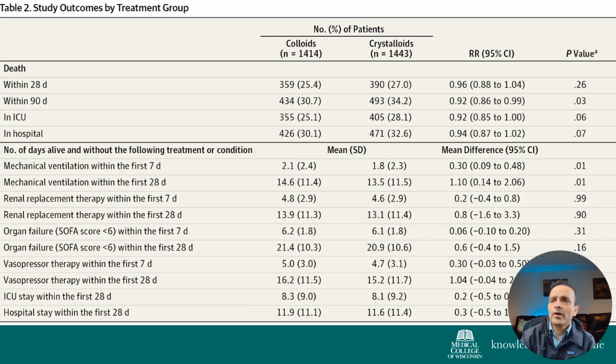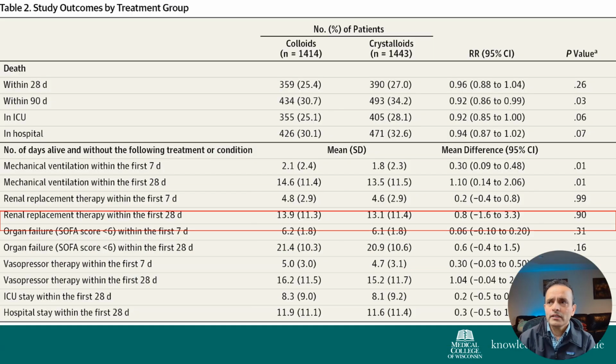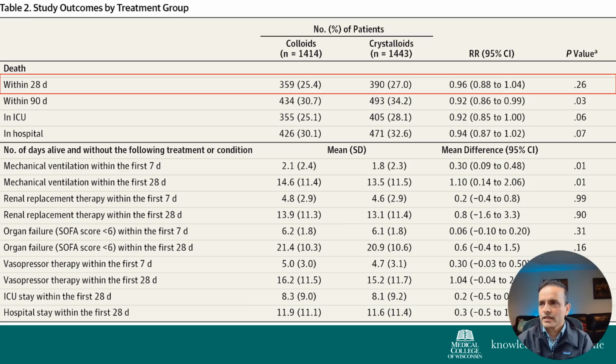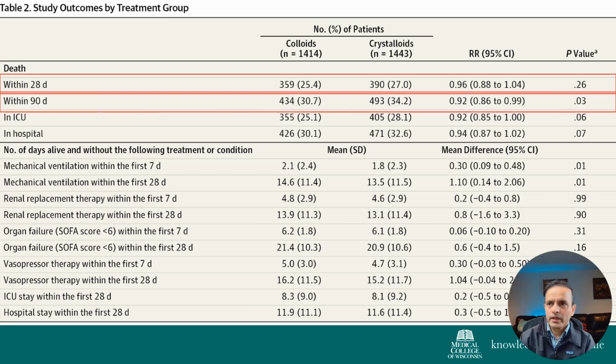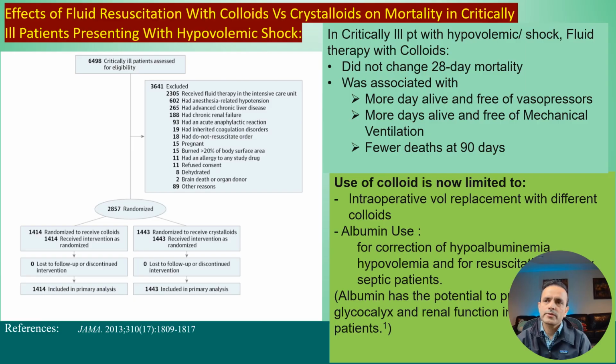So what they found, as you can see here, there was no statistically significant difference in mortality. But in terms of 90 days, there was a statistically significant mortality benefit with colloid, but the authors concluded that it was an exploratory finding and it should be confirmed with future studies.